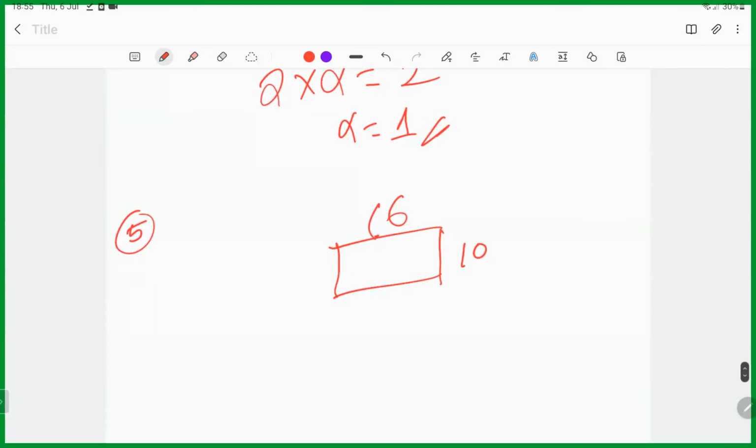What is the area of the rectangular field? It means the area of this rectangular field is 160, right? There is a path of uniform width all around it having an area of 120 square meter, and the width of the path is?